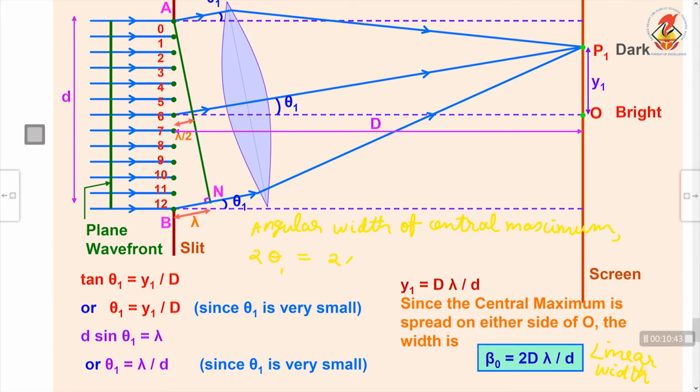So the answer is 2 lambda by small d. So linear width is 2 lambda capital D by small d, and angular width is 2 lambda by small d. In the exam you may think you can cut 2 and 2 and say theta 1 is equal to lambda by d, but that is only half the portion. If they ask for the angular width of the central maxima, you have to calculate 2 lambda by d.